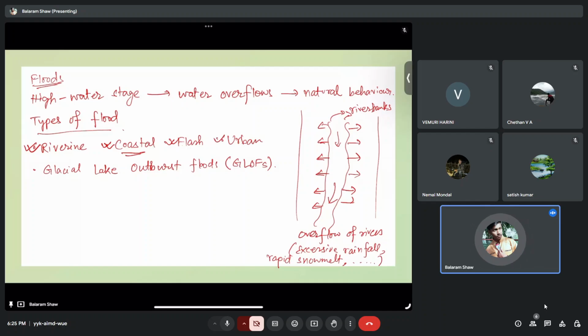Next we have urban floods, right? So urban flood means what? As we know, our population is growing worldwide, and hence we are more susceptible to move to the urban areas where we have most of the things like buildings and all, right?